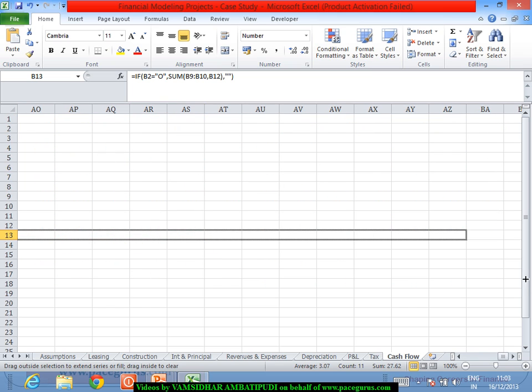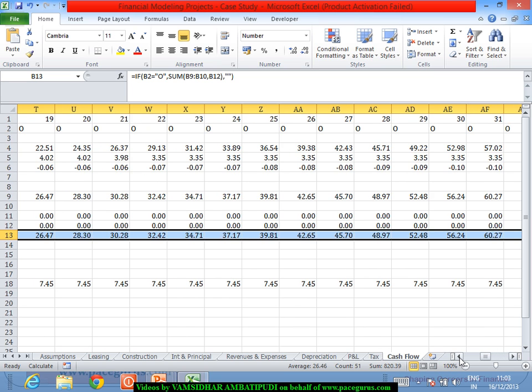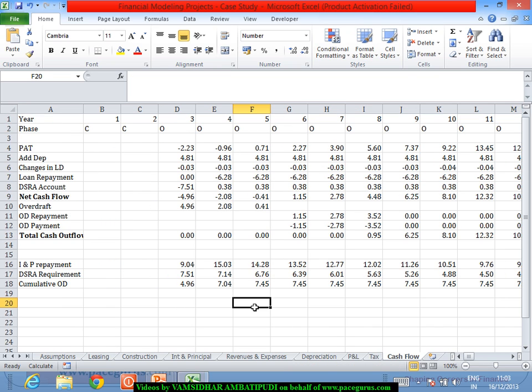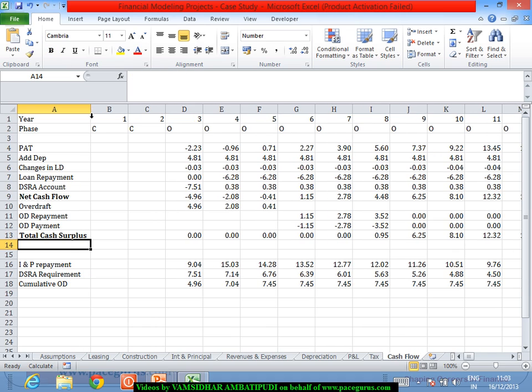Going towards the last column also, all these things are addressed properly. Instead of calling it cash outflow, I'll call it cash surplus. So this is the cash surplus that is generated in each of those years.